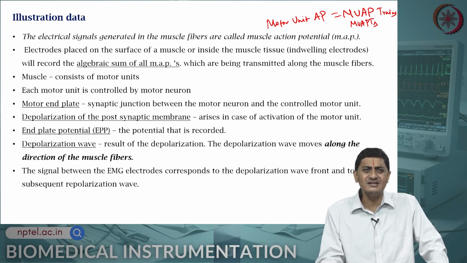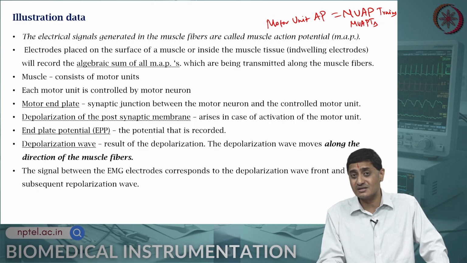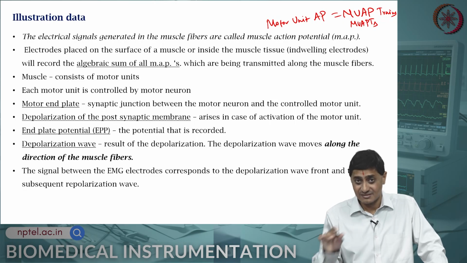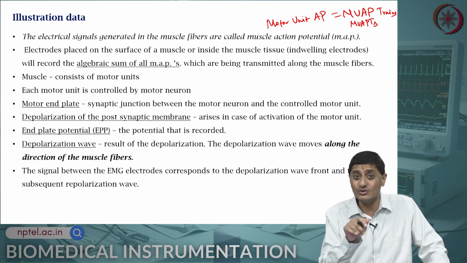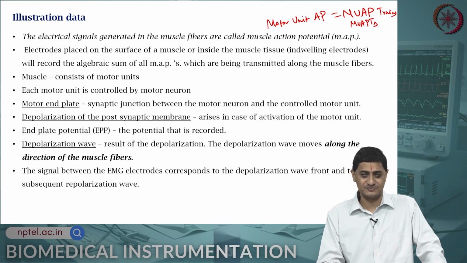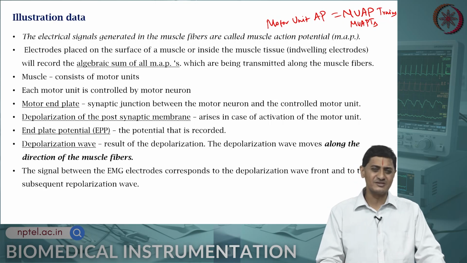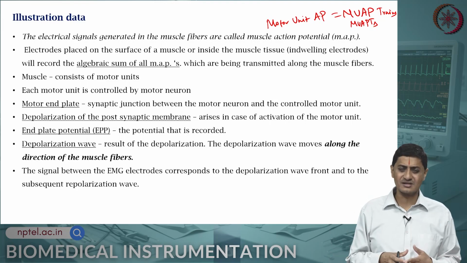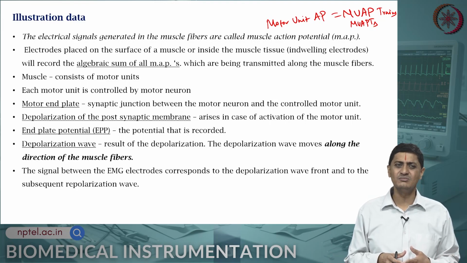What do they measure? They essentially record the algebraic sum of motor unit action potentials. Algebraic sum means sum with sign included. Algebraic sum of all motor unit action potentials that are being transmitted along the muscle fibers. Muscles are composed of several motor units.